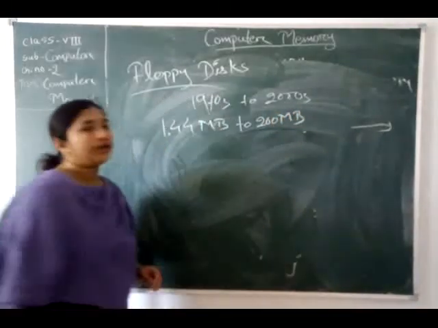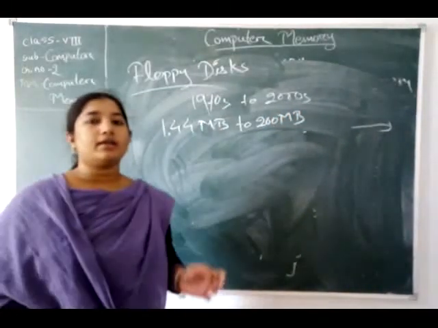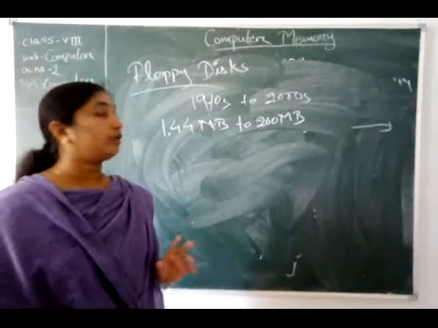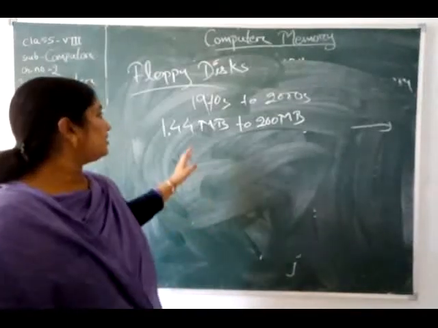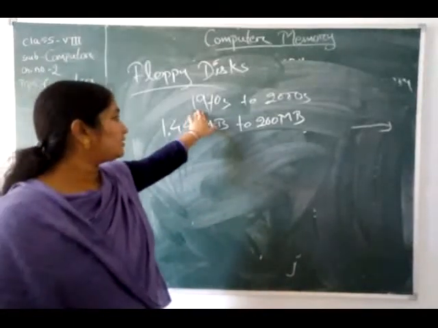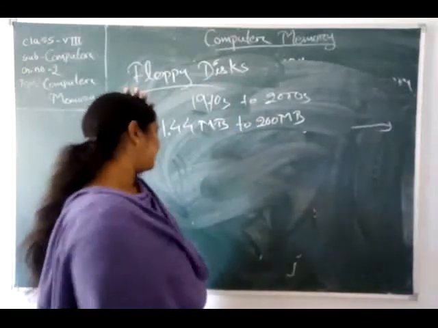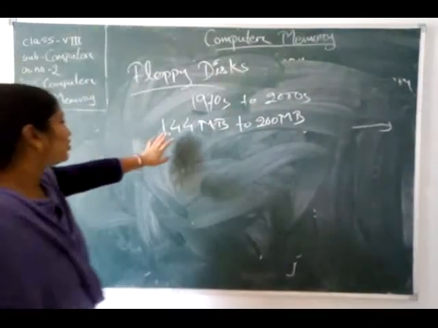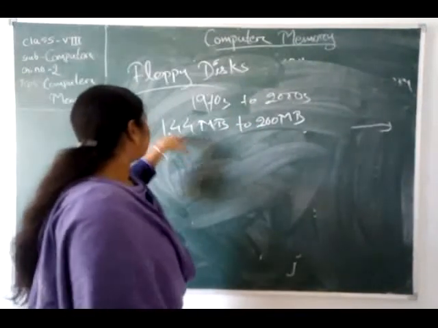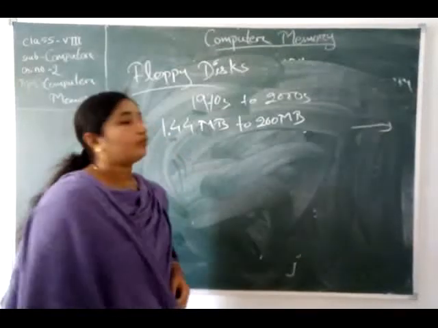Means a floppy disk is made of a thin magnetic disk, and it stores data from 1.44 MB to 200 MB.